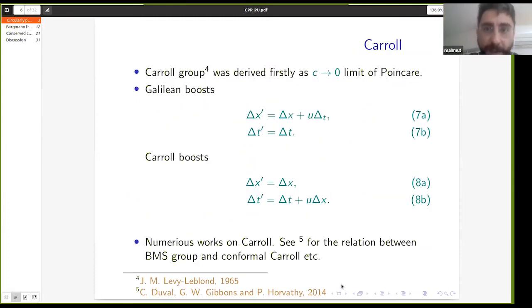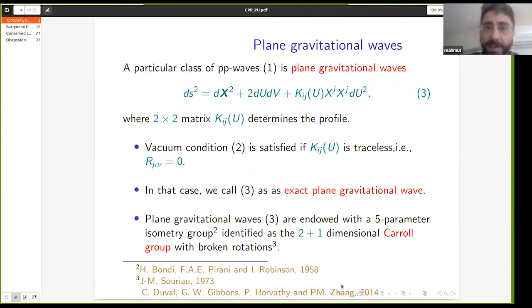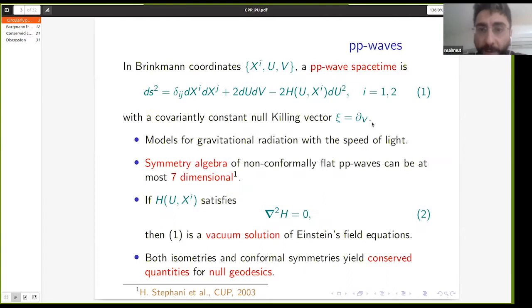Okay, very nice. K_ij is, you see, if you start with a plane wave, you have this H, right? This is the profile of the wave. Without this profile, it is just flat Minkowski space-time. So this H defines the pp-wave space-time.